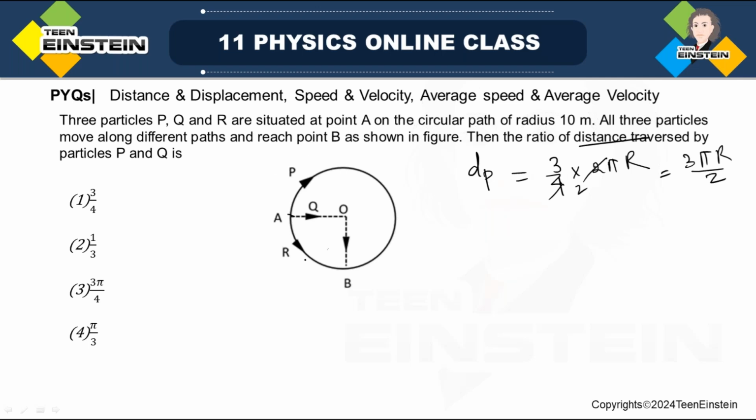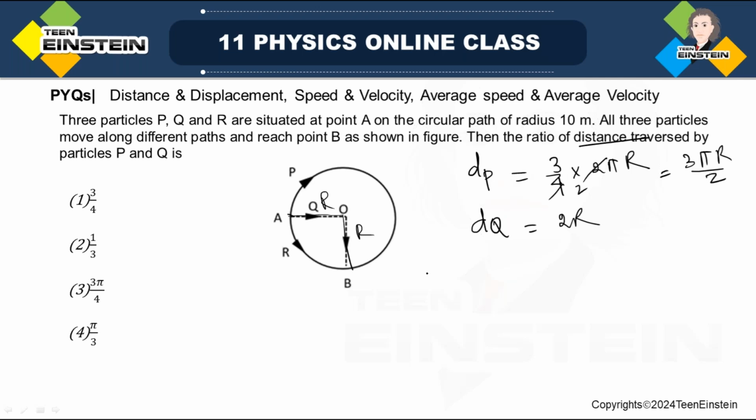Now Q is going like this. What is its distance? It is simply r plus r, which is 2r.